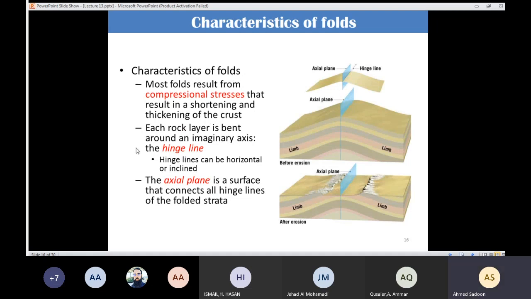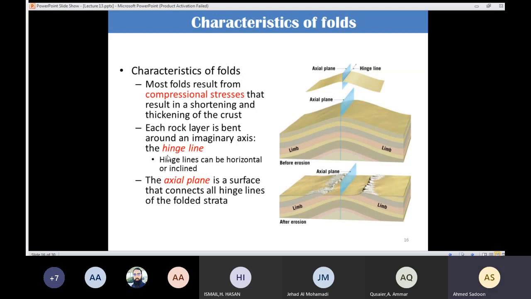The first term is the hinge line. Because we are going to have waves like this one, that means we have bending. So we have an axis about which the limb or the layers of the rock are going to bend. So the limb here is rotating about an axis.